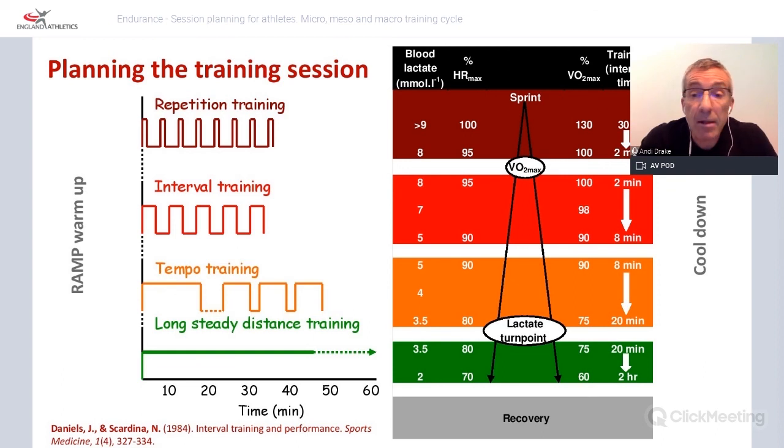And the P for potentiate, or perhaps to prime, which is doing some perhaps quite high intensity work over a short duration, just so that we've really got our oxygen uptake, our oxygen kinetics up to speed, ready for the particular training session that we have planned.